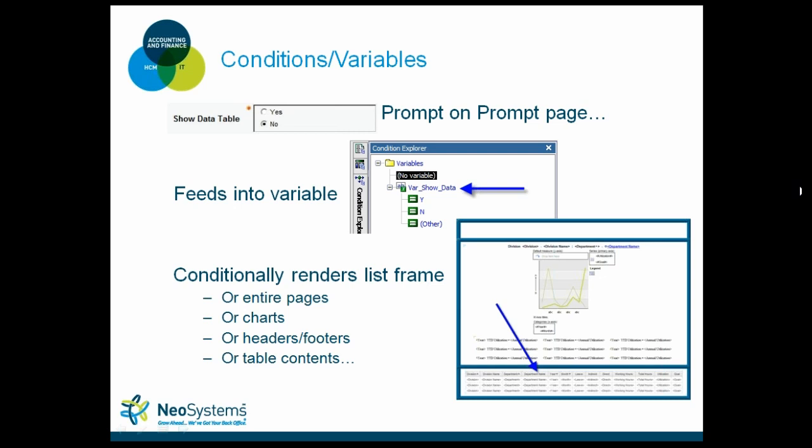If they say no, then it will not be in the report. And this type of prompting can be used for all different types of objects in the report. It could be used for an entire page, whether a chart, whether you want to show headers and footers, maybe you want to see subtotals or not, table of contents, and so forth.